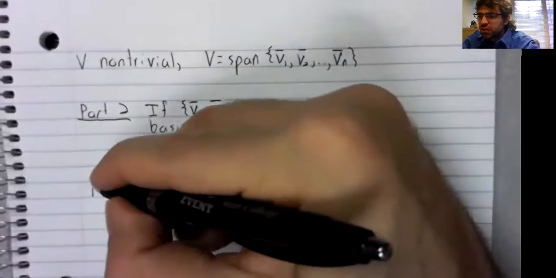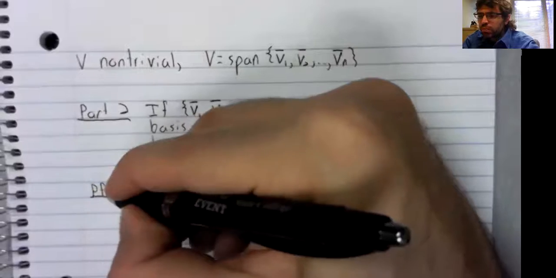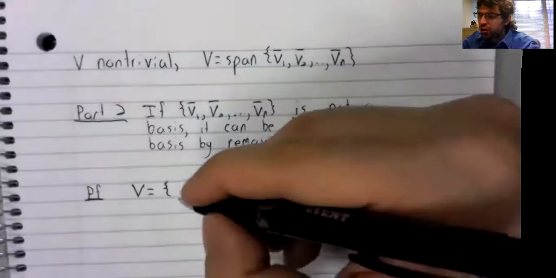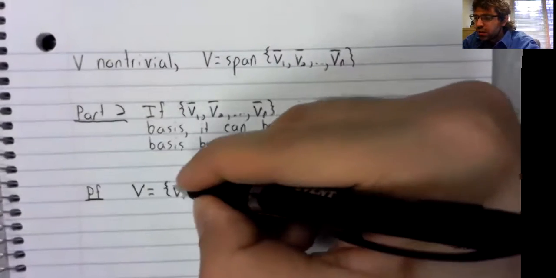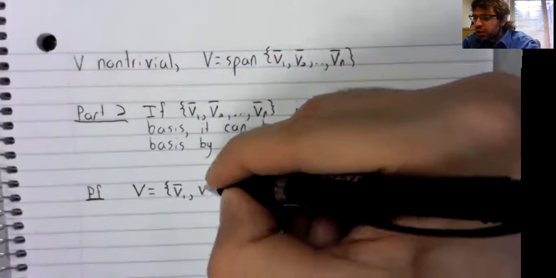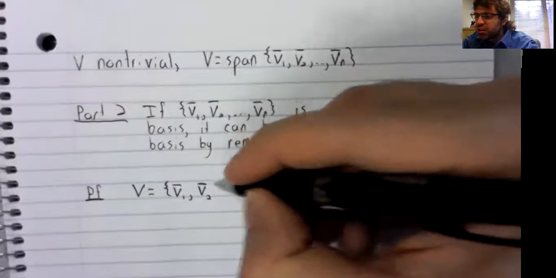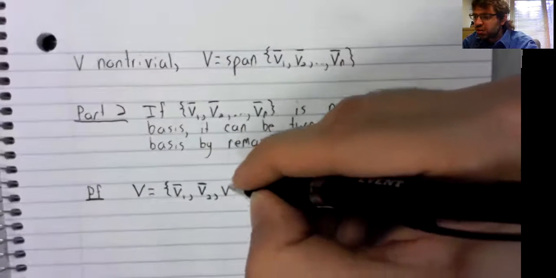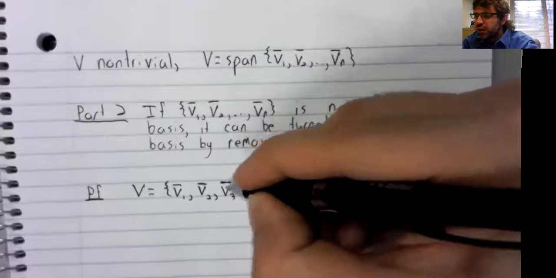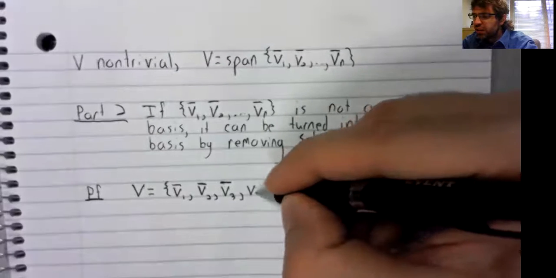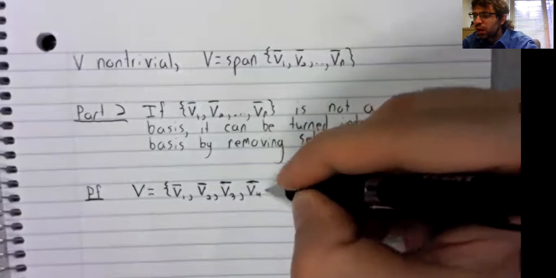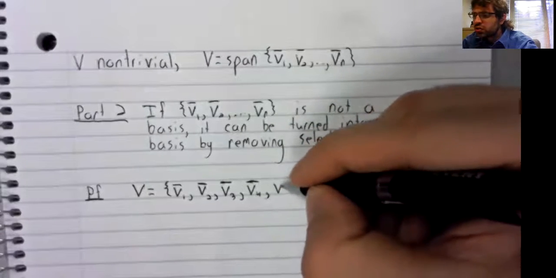let's give, I'll call it a proof, although since I'm looking at a specific number of vectors here, it's more of an informal argument.